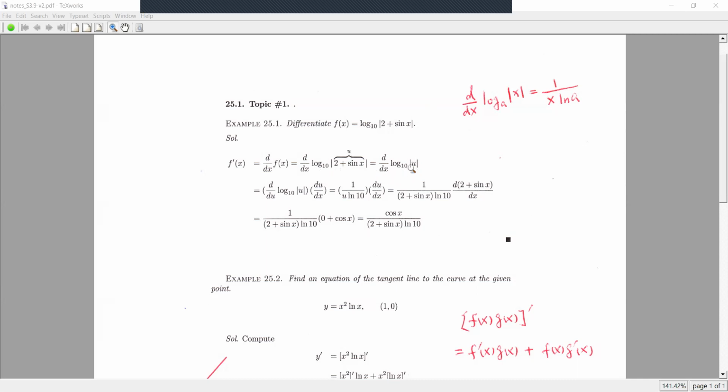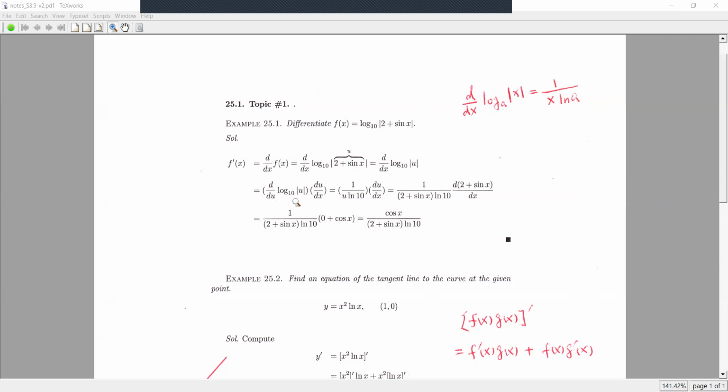Because x and u are different, I need the chain rule. I write this derivative as the product of these two derivatives. Now, for this derivative, I can apply the formula here.